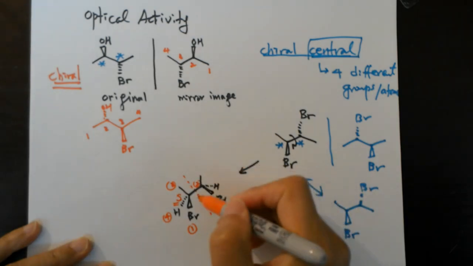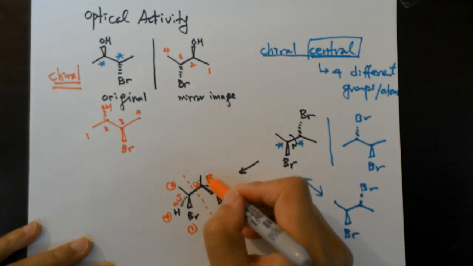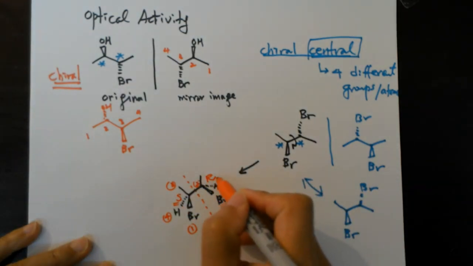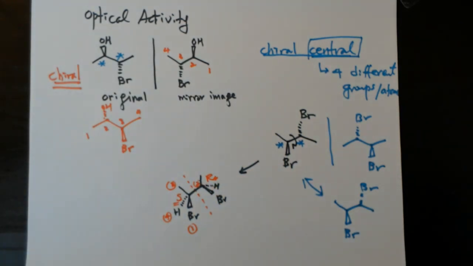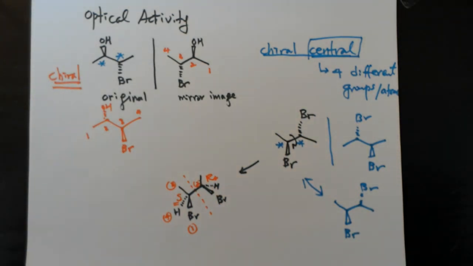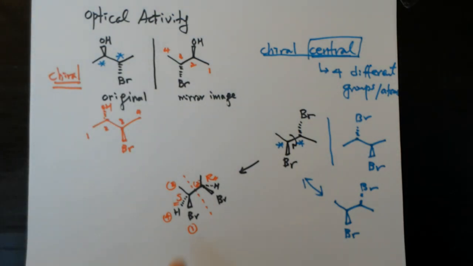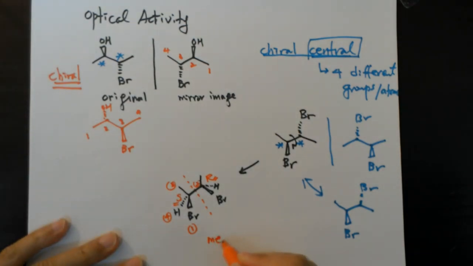The mirror image of S should be R. You can check it later for yourself by pausing the video. So this kind of molecule with the same groups, same connectivity, and opposite stereocenters is called a meso compound.